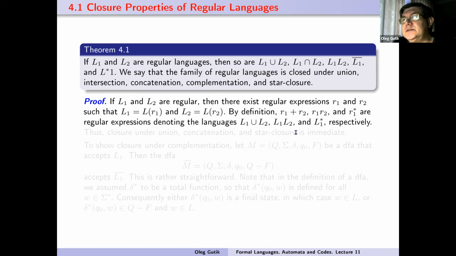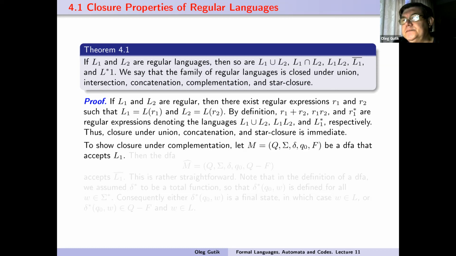By definition, the sum R1 plus R2, the product, and R1 star are regular expressions denoting the languages that are the union of L1 and L2, the concatenation of L1 and L2, and L1 star, respectively. Thus, closure under union, concatenation, and star closure is immediate.